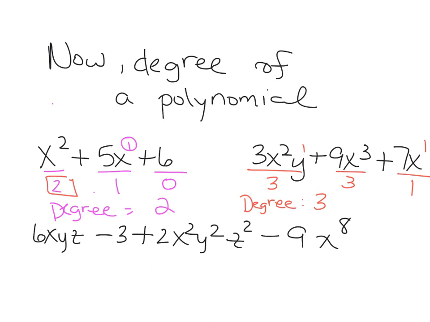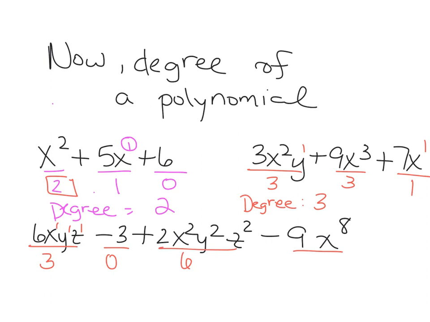Okay, let's look at this last polynomial. We have 1, 2, 3, 4 terms, so we have to find the degree of each term. 6xyz, there's an imaginary 1 on every one of those variables. So 1 plus 1 plus 1 is 3. This next term, negative 3, is just a constant, and we said a constant doesn't have a degree, so that's 0. 2x squared y squared z squared, if you add up the exponents, not the 2 in the front, that's called a coefficient, but just the exponents, 2 plus 2 plus 2 is 6.